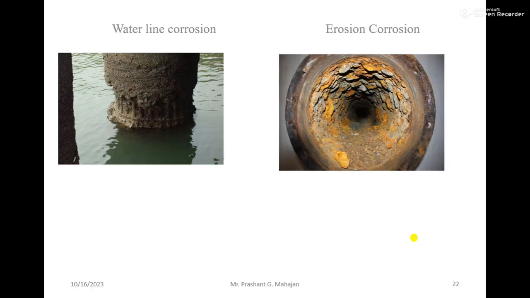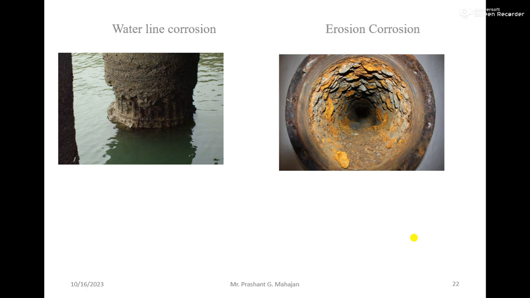Next is waterline corrosion. The part which is below the water will act as anode, that is poorly oxygenated. The part which is above the waterline, that is more oxygenated, will be the cathodic part. So remember, the less oxygenated part acts as anode, and the corrosion of the poorly oxygenated part takes place.